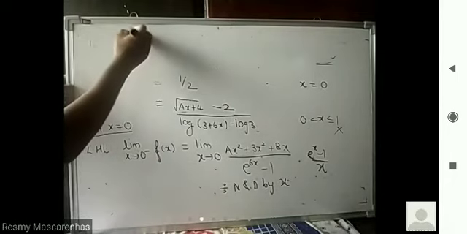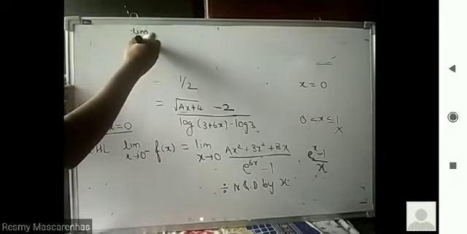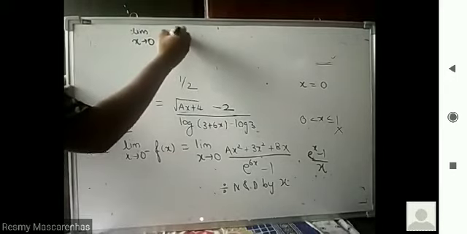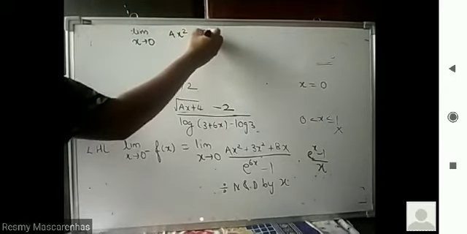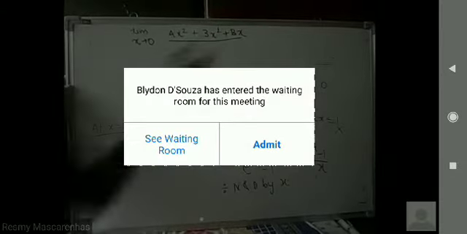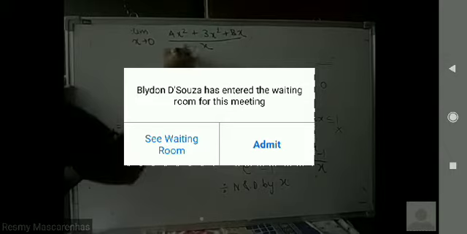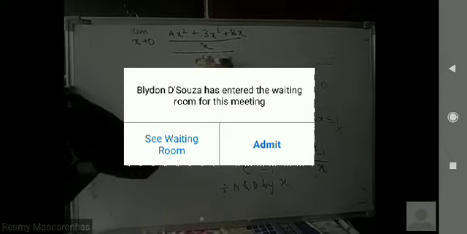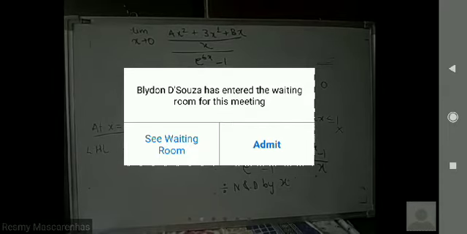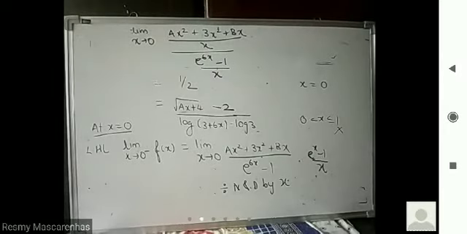When you divide, what will it look like? Limit x tending to 0, (ax square plus 3x square plus bx) upon x. So I have divided numerator and denominator by x.